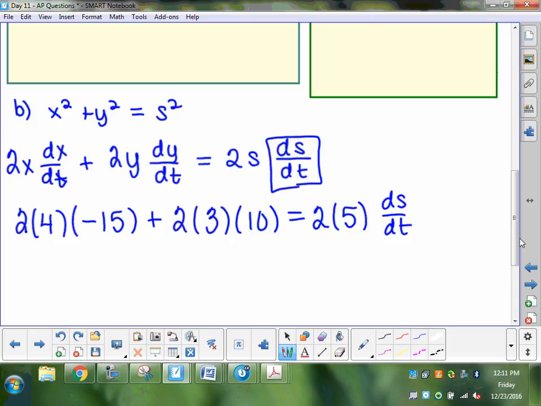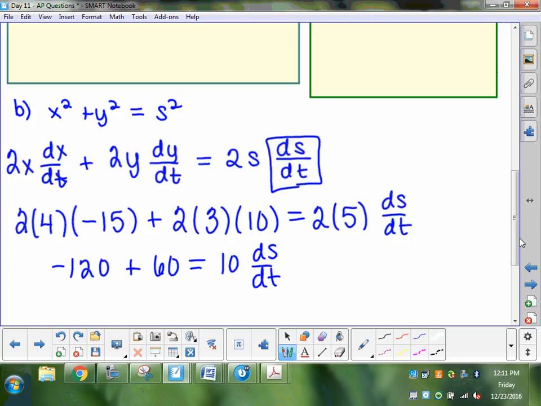So now this is going to be where it gets very difficult. So I'm going to ask you to do this. What's 4 times 15? Negative 60, and then multiply that times 2, and you get negative 120. Now 2 times 3, if you need to use a friend, you can. 2 times 3 is going to be how much? 6 times 10 is 60, which is going to be equal to, over here, 10 ds/dt.